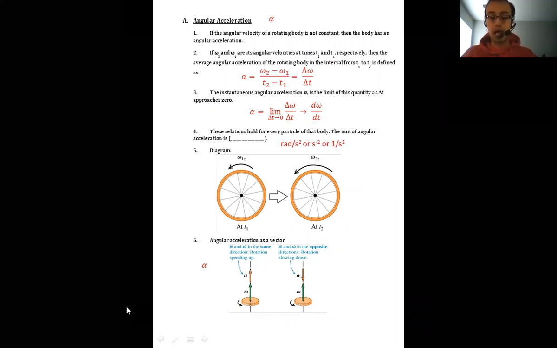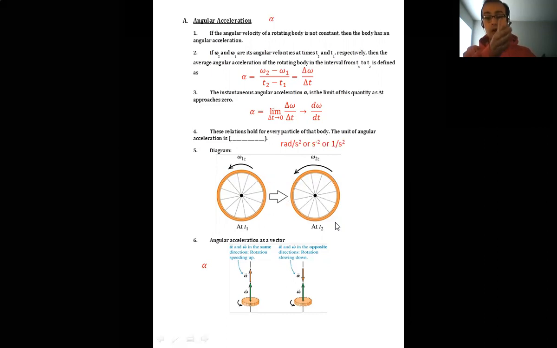Let's see what that looks like in practice. Let's say that we have a wheel here, and it's moving in the positive direction. It has a positive angular velocity, and that positive angular velocity increases. If that is the case, then the angular acceleration also has to be positive. And this is also determined by looking at the right-hand rule.